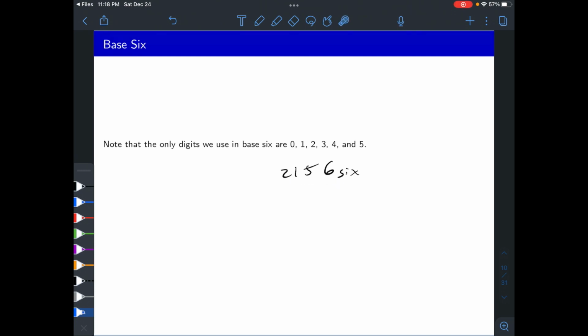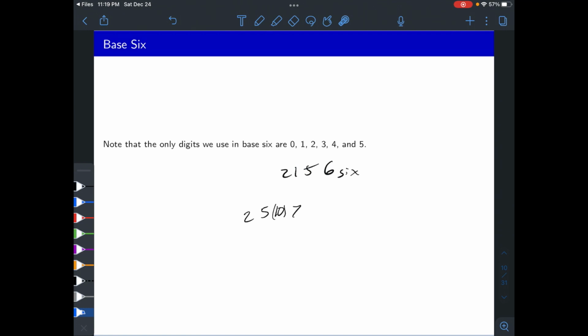Technically you could make sense of it, but it's like if in our base 10 system, we were to write 2, 5, and then 10 groups of 10 and then 7, if we treated 10 as a digit right there, it wouldn't make sense. It would be like using 10 as a digit for your tens place or your hundreds place or your thousands place. It just doesn't make sense to do that. So don't ever write this.